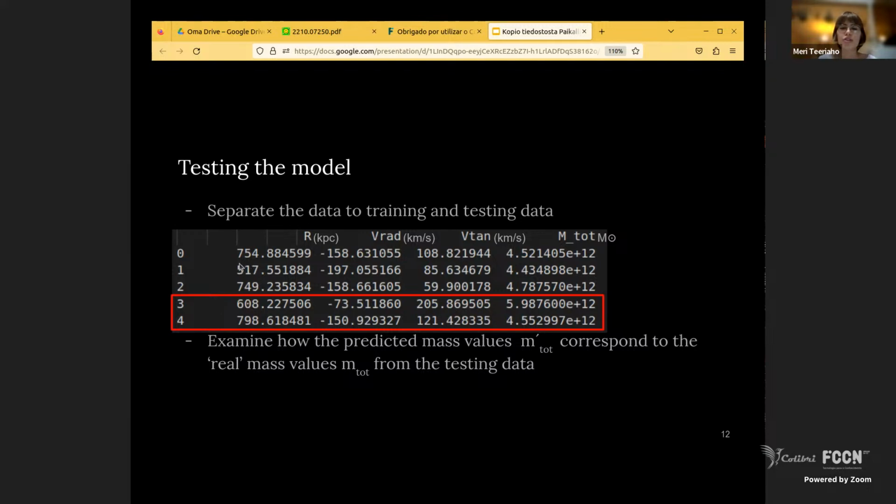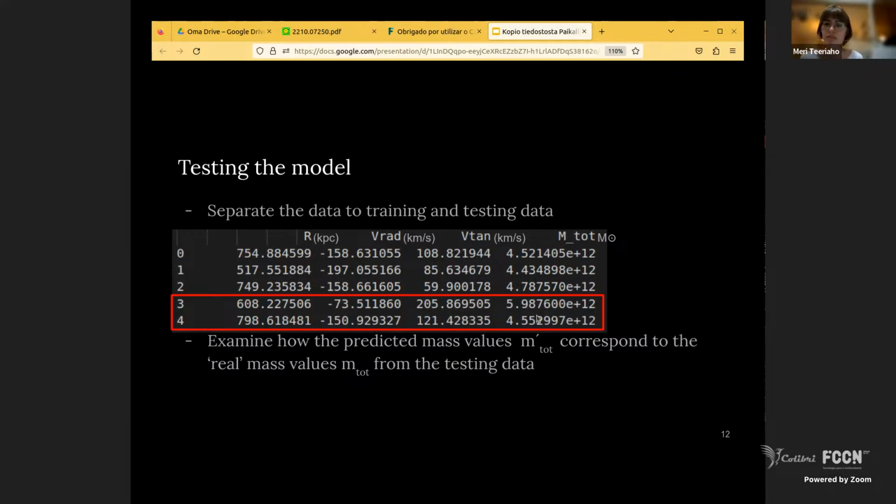First it learns the connections from this training data, and then we put these kinematics from the testing data into the model, and it will produce some predicted mass values. And we can check whether they correlate with the real mass values from the simulation.